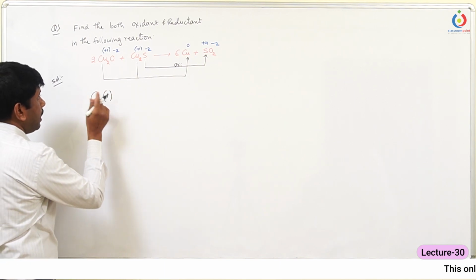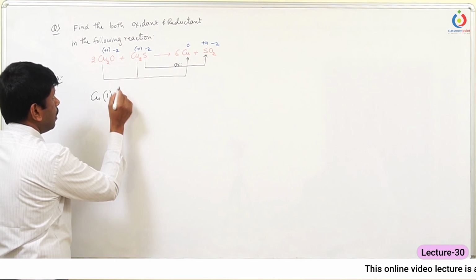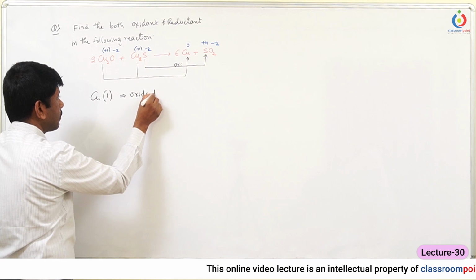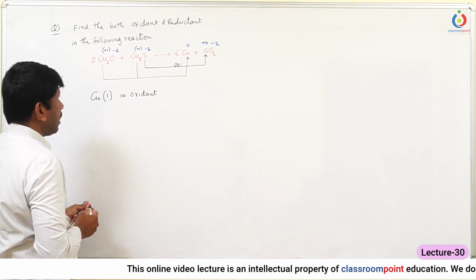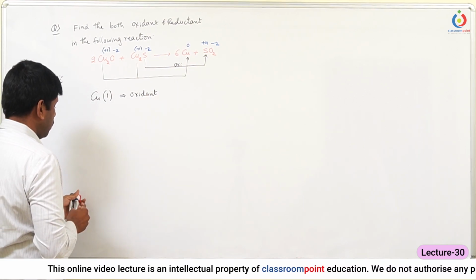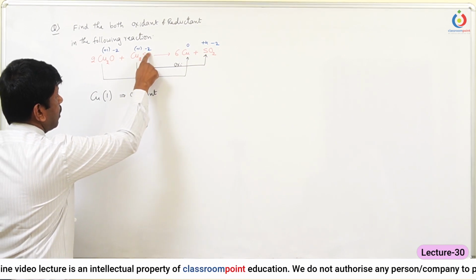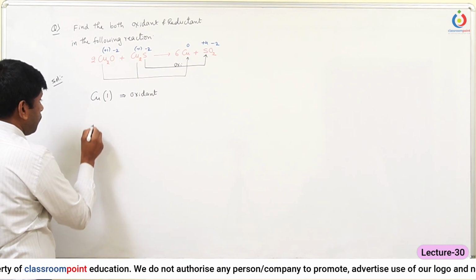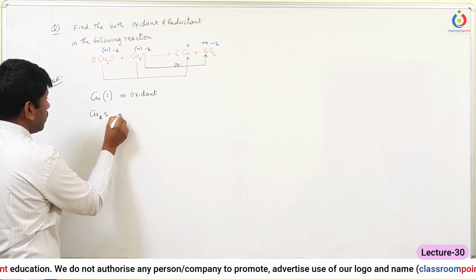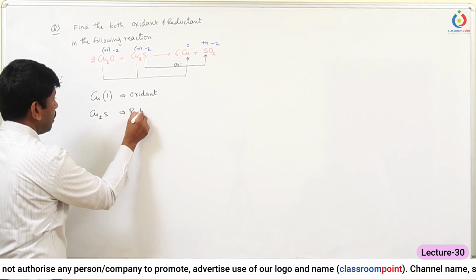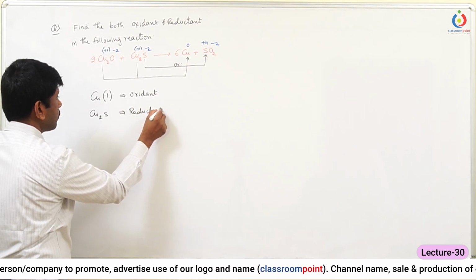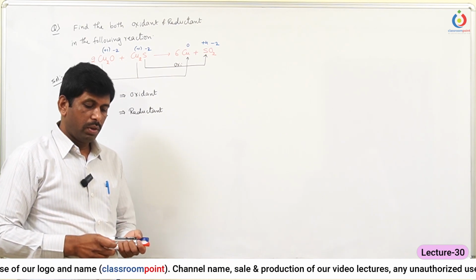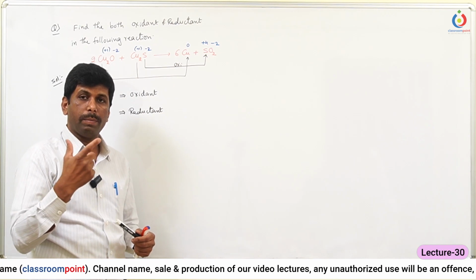Cu1, meaning cuprous ions, oxidize the sulfur, so they are the oxidant. Then which is the reductant here? The reductant is sulfur, which is oxidized and made the copper reduce. That's why the sulfur of Cu2S is the reductant.